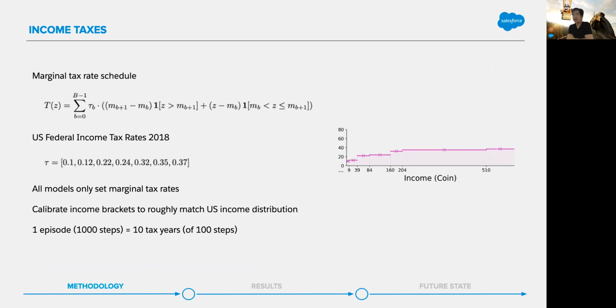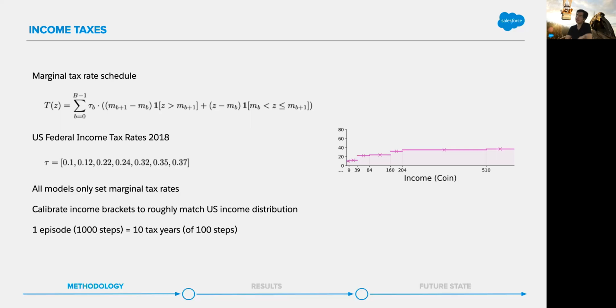So let me continue. Now let's actually look at the tax systems that we implement here. We mimic the US federal income tax system. I'm not sure if everyone pays taxes, or how much you pay attention to that. It's actually almost tax season now.